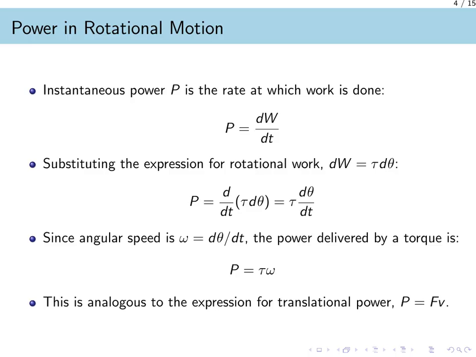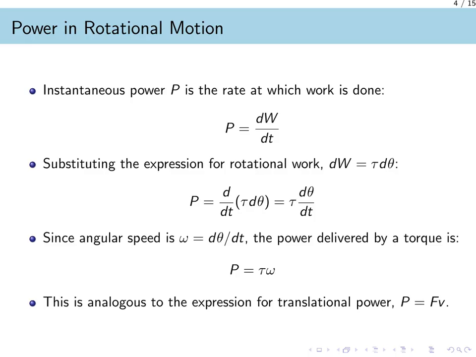By substituting this expression for work into the power equation, we get P equals the time derivative of the quantity τ dθ. Assuming the torque is constant over this small interval, this becomes P equals τ multiplied by the fraction dθ over dt. We can immediately recognize that the term dθ over dt is the definition of instantaneous angular velocity, which we call ω.